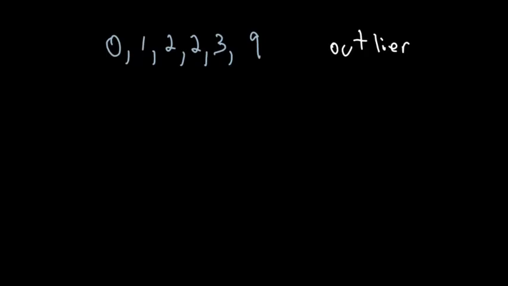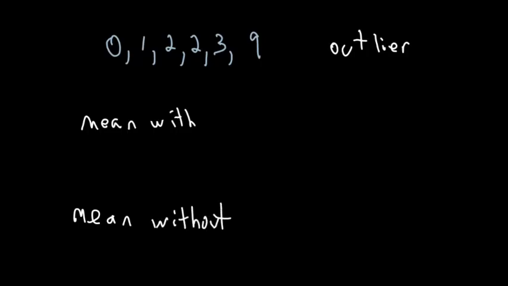So we're going to do the mean with the outlier. And then we're going to do the mean without. And we're going to see how it changes our answer.